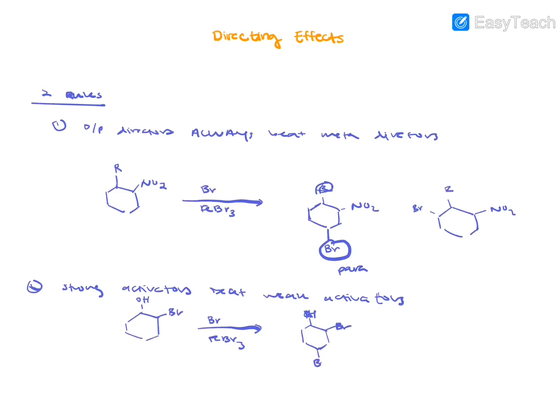And here's the bromine, that's para to the OH, and the other product would have the bromine being ortho to the OH. So as you can see, the new bromine is not going to be ortho or para to the bromine because the OH is a strong activator.